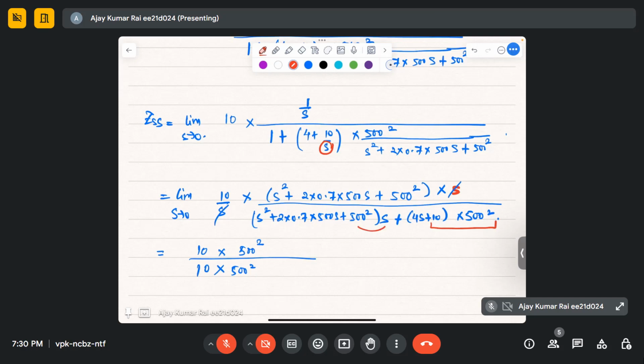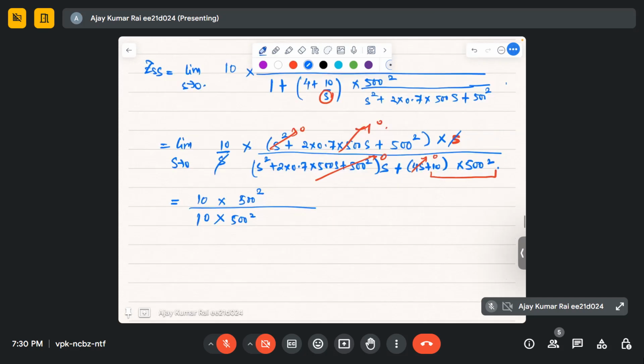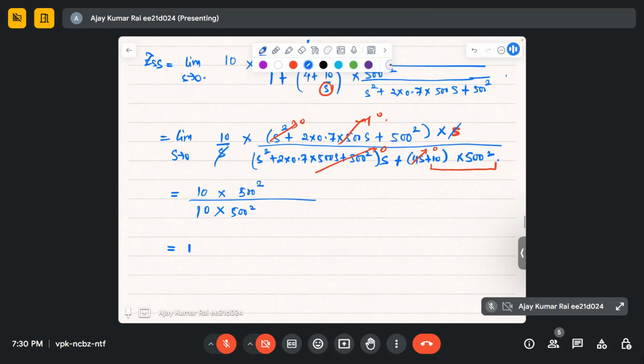Because S gets multiplied. That means if you put S equal to 0, this term gets 0, and these terms are also getting 0. That's why I'll be left with the numerator and denominator having same values, which will be equal to 1.